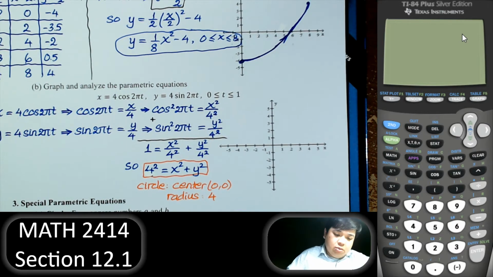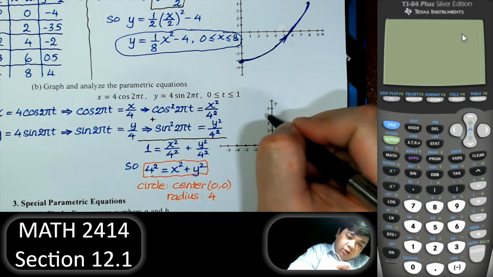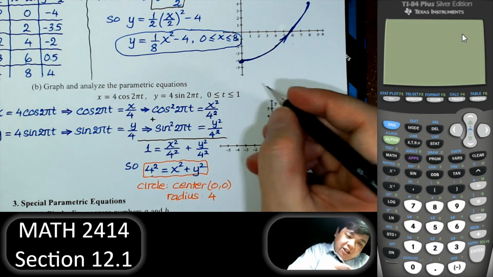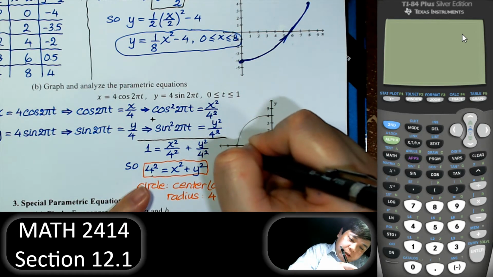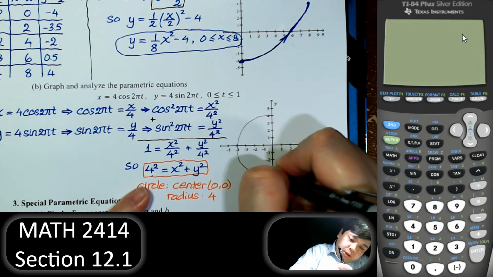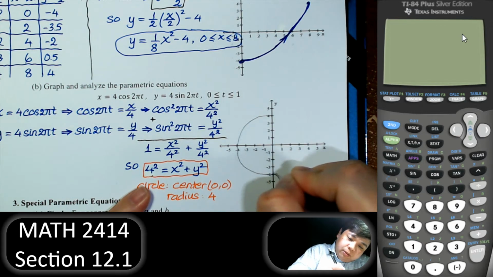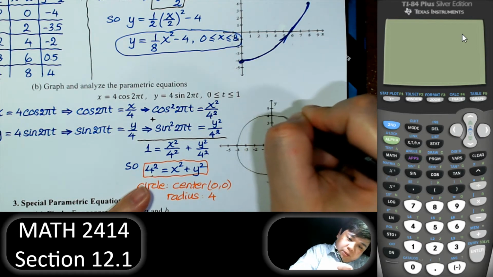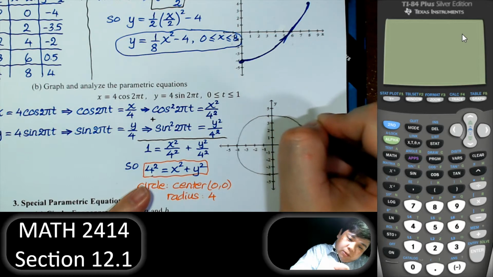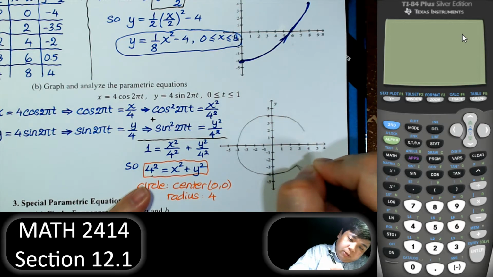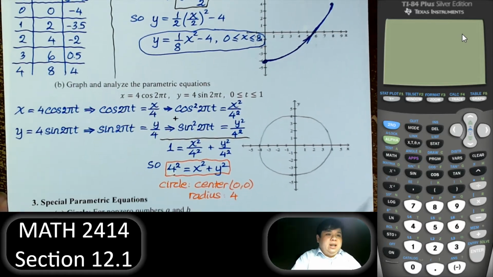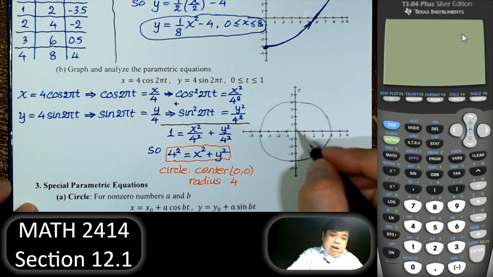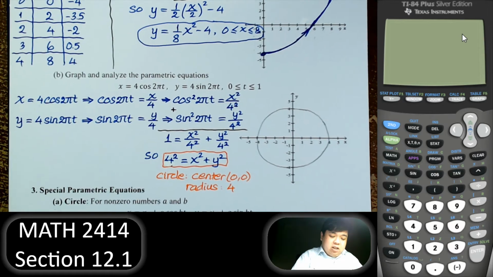I have a compass, but the scale is a little off here, so I kind of have to draw it by hand. Because the scale of x and y are not the same, using a compass doesn't help here.